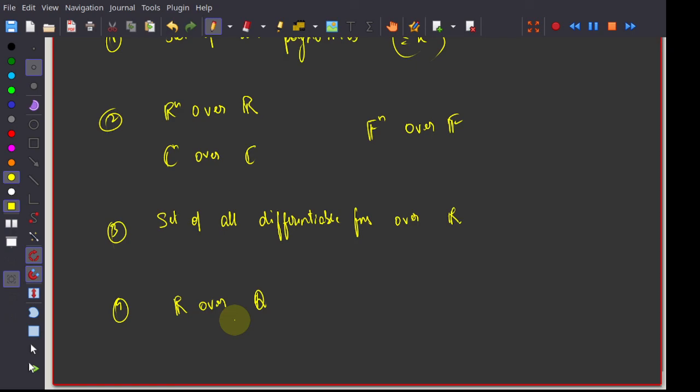So dimension is the size of the smallest basis. Correct. So it's a vector space, true. But what do you think the dimension should be? Any guesses? Do you think it is finite dimensional?